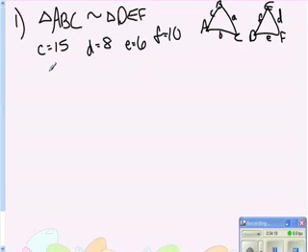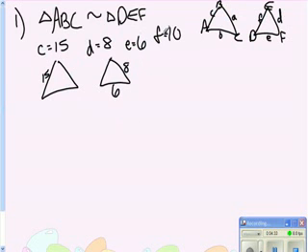So c is 15. If I want to draw my triangles, that means this is 15. And d is 8, so that means on the second triangle, this one was 8. e is 6, that was down here. f is 10. So basically, you're looking for a and b.